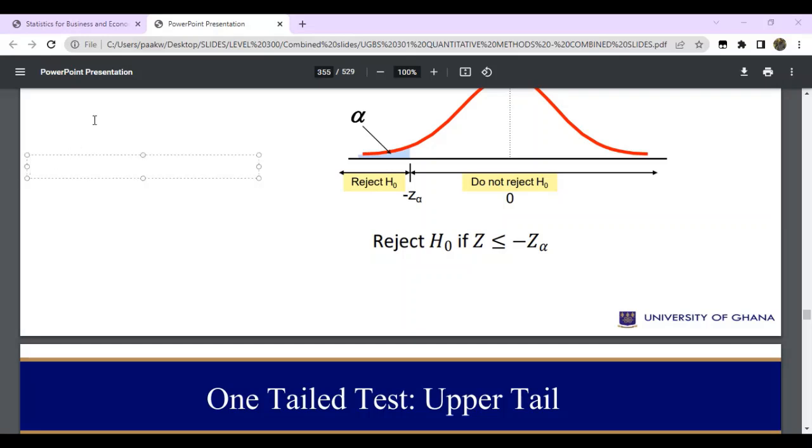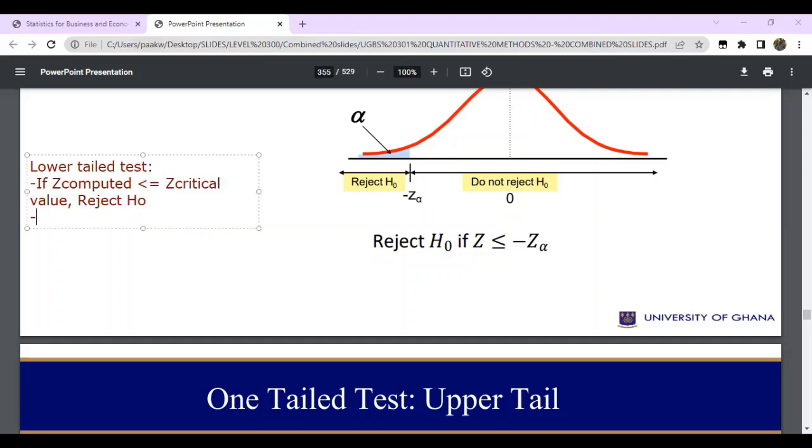So for the lower tail test, reject H0 if Z computed is less than or equal to the Z critical value. Then we reject what? We reject H0.